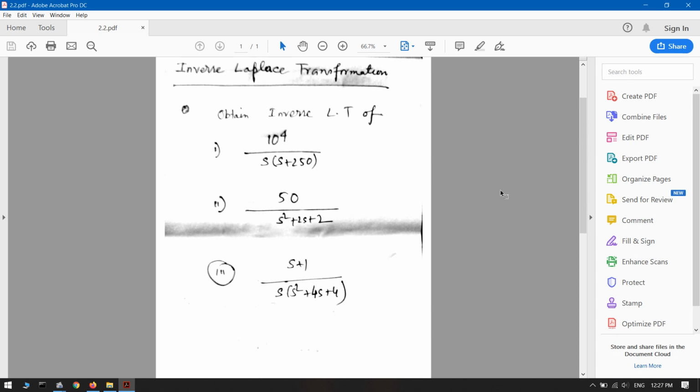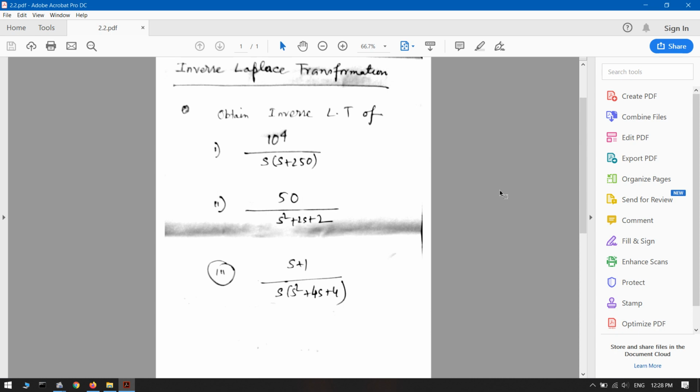If you put s equal to minus 1 minus j, then the b term will become 0. So a will be equal to 50 by s plus 1 minus j, where s equals minus 1 minus j. Putting that value, it becomes 50 by minus 2j, equal to 25j. Similarly, you can calculate the value of b, which will be minus 25j.